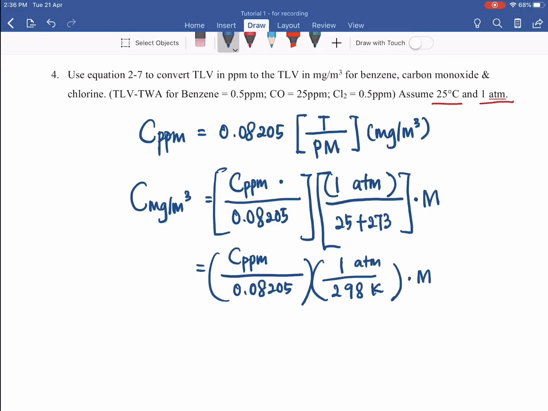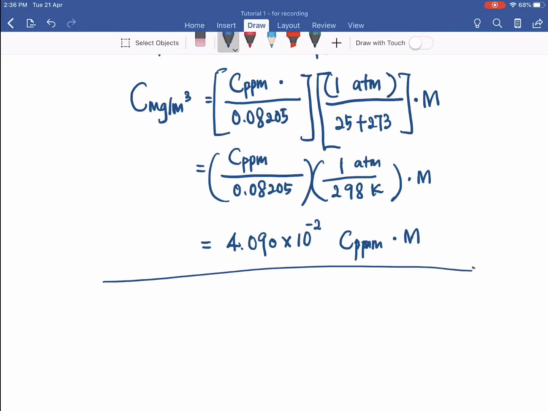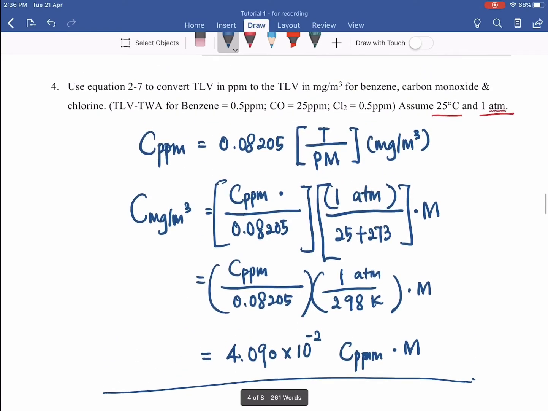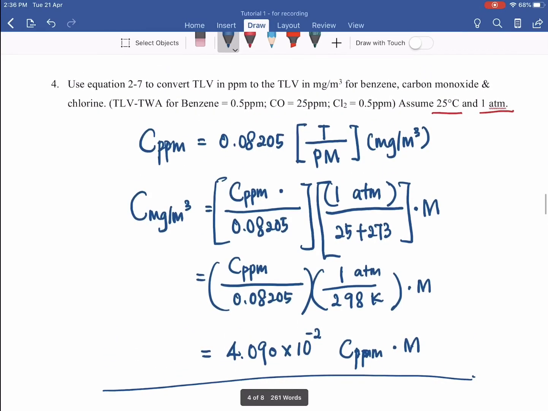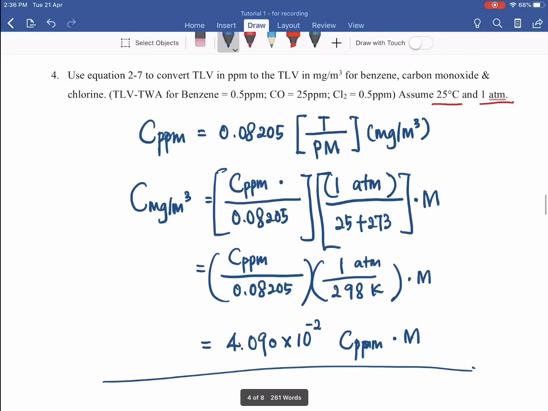So if we put everything down, you will have 4.090 times 10 to the power of negative 2 times concentrations in ppm, times the molecular weight of your items. So that's the formula. What we are looking at here is benzene, carbon monoxide, and chlorine.